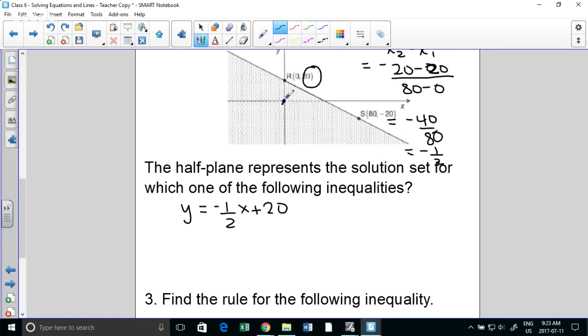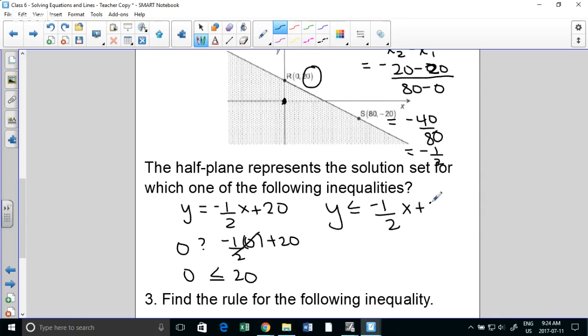Then I test 0, 0 because 0, 0 is good for me. This goes away. I have 20. I want this to be greater than or equal to, so the 20 needs to be greater than or equal to. Then I put this in the same way.